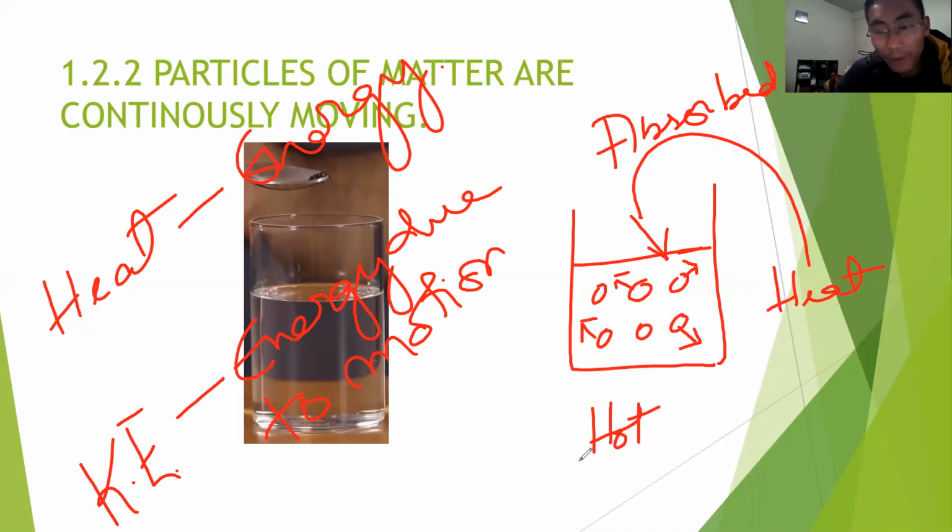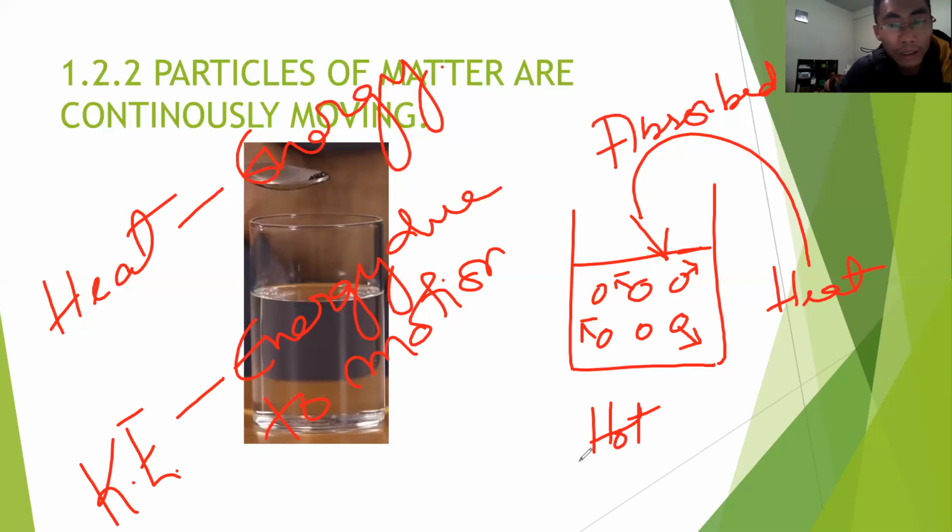So that is why in hot water the intermixing of potassium permanganate and water is much faster compared to the cold water.